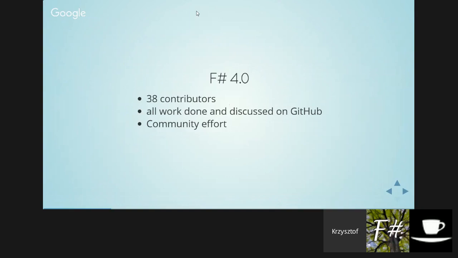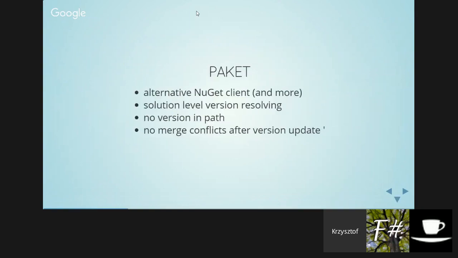Out of 38 contributors, over 75% are not working for Microsoft nor Microsoft Research, and this shows how important community participation in language development is and how big it is. Yeah, that was a quick introduction to F#, and now let's move to interesting things.